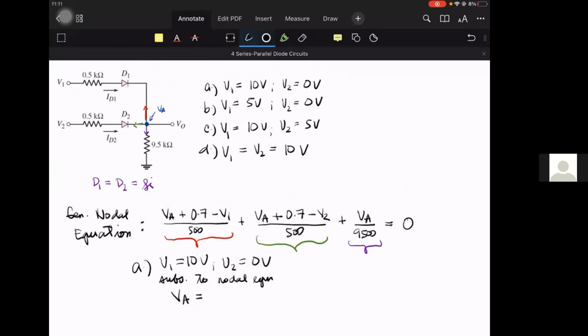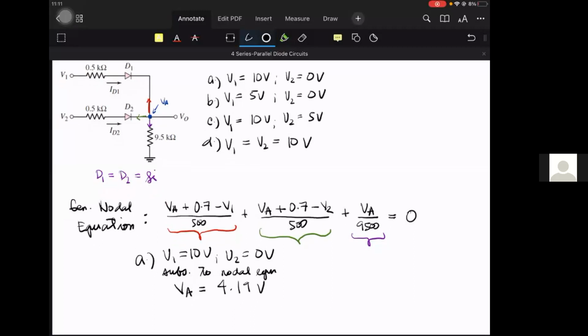So the answer to this first case, substituting 10 volts to V1 and 0 volts to V2, would yield us 4.19 for VA. So our VA is 4.19.